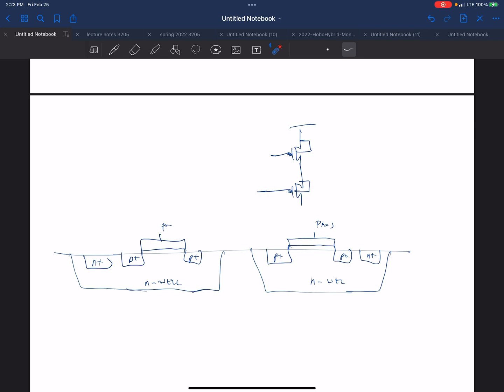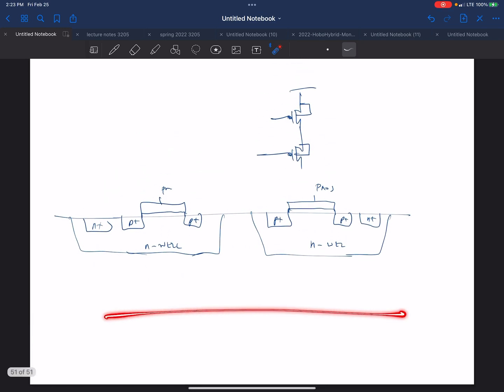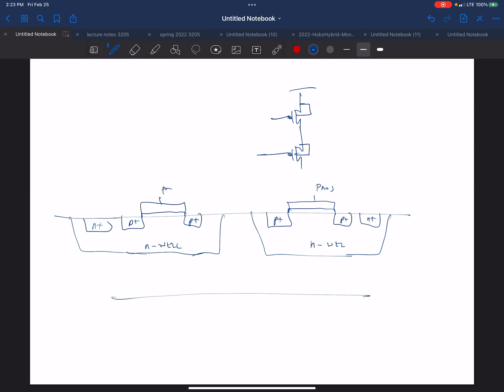The reason you don't do it in digital design is it's physically large, right? So what would happen if they had the same connection, I could stick them in the same well and physically get these two much closer to each other.